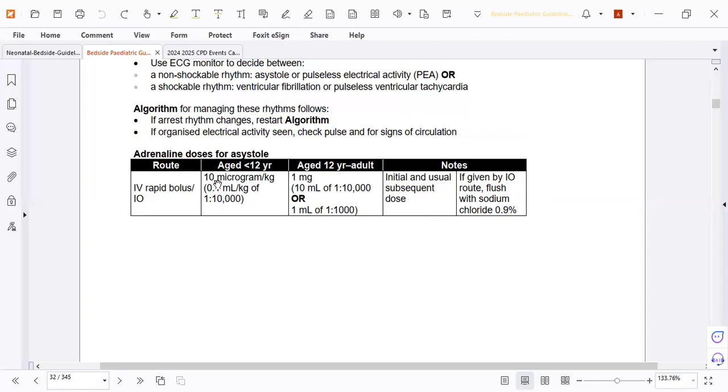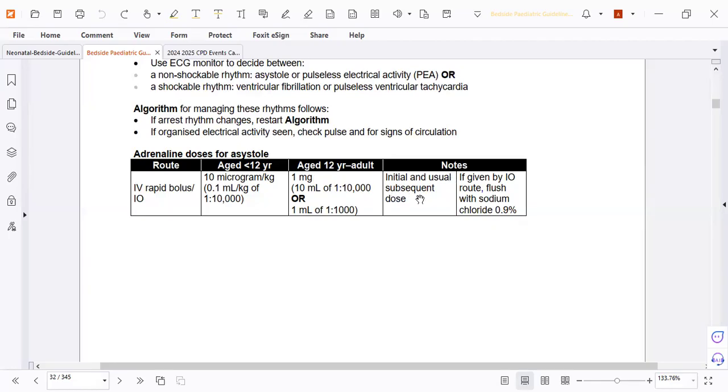According to the age, less than 12 years, that's 10 microgram per kg of the adrenaline bolus, that's 1 in 10,000, okay? 12 years and above, which is 1 milligram, which is 10 ml of 1 in 10,000 adrenaline vial, okay?